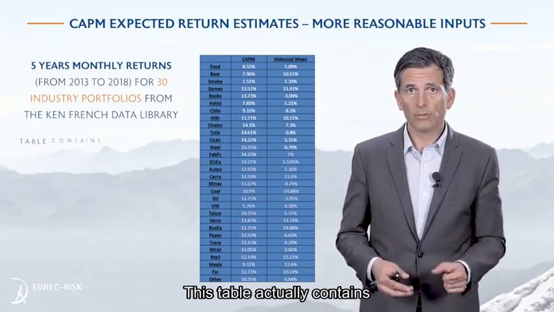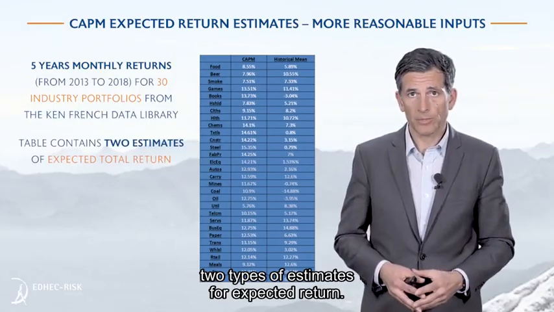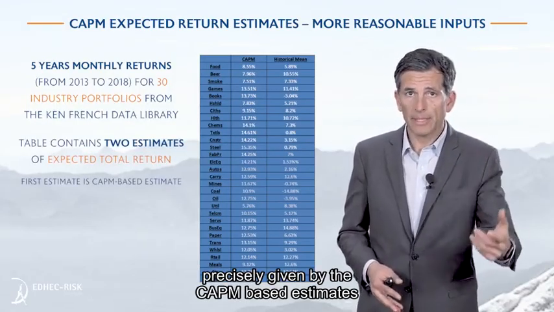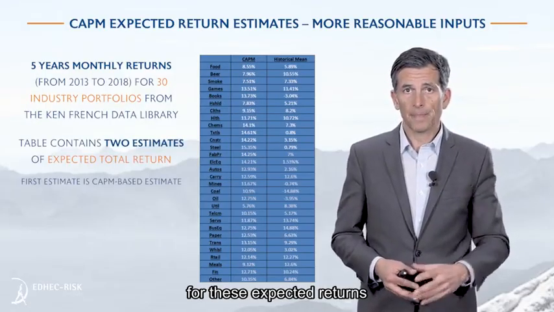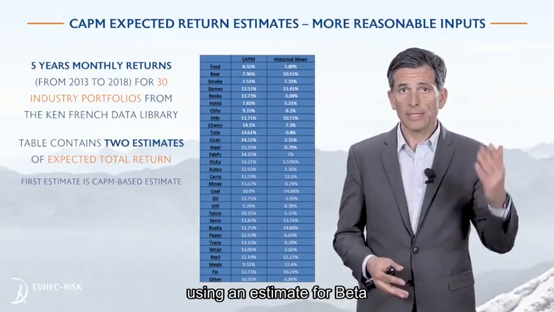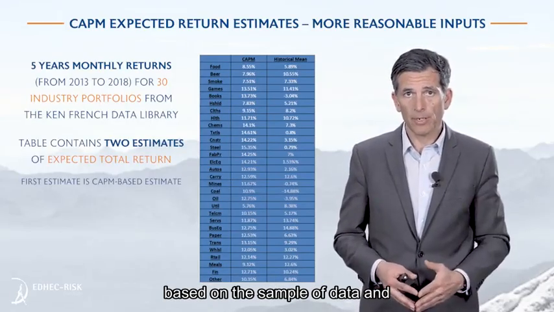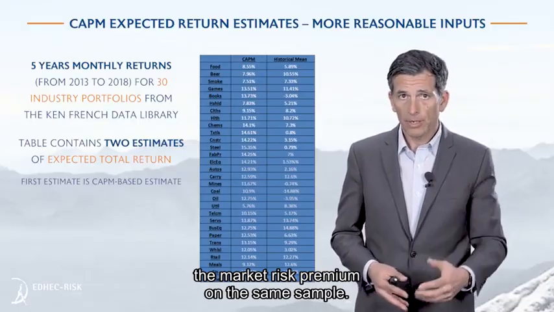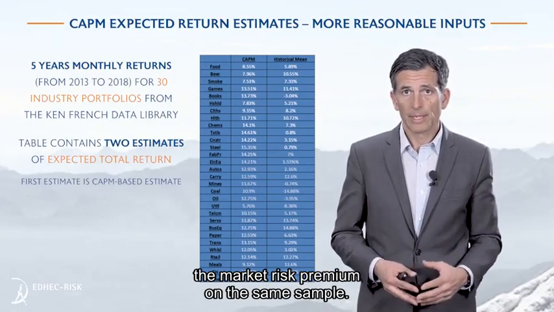This table actually contains 2 types of estimate for expected return. The first column is given by the CAPM-based estimate for these expected returns, using an estimate for beta based on this sample of data, and also an estimate for the risk-free rate and the market risk premium on the same sample.